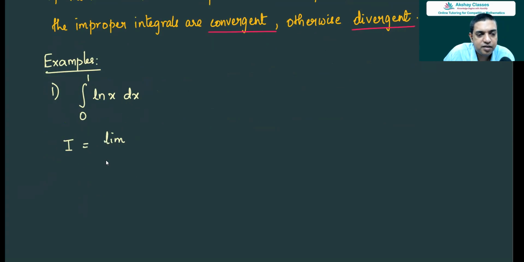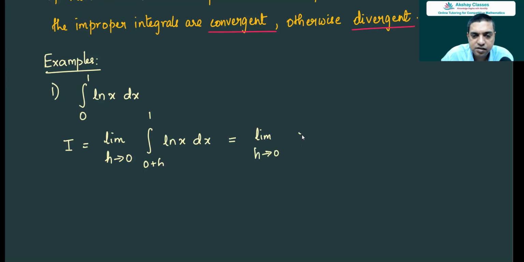So we write limit h tending to 0 of integral h to 1 log x dx. The integral of log x is x log x minus x.